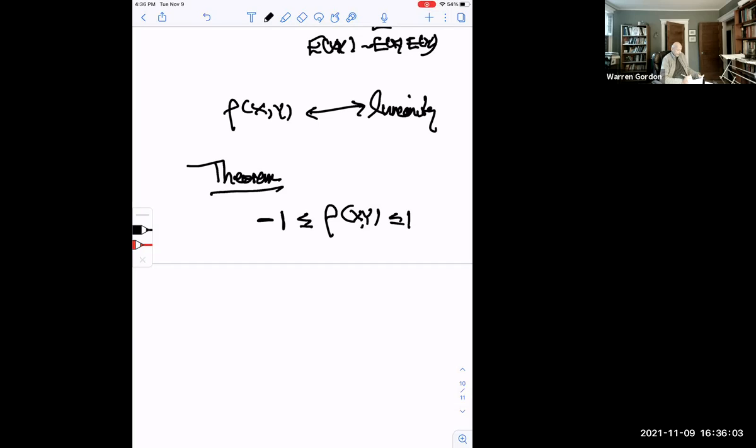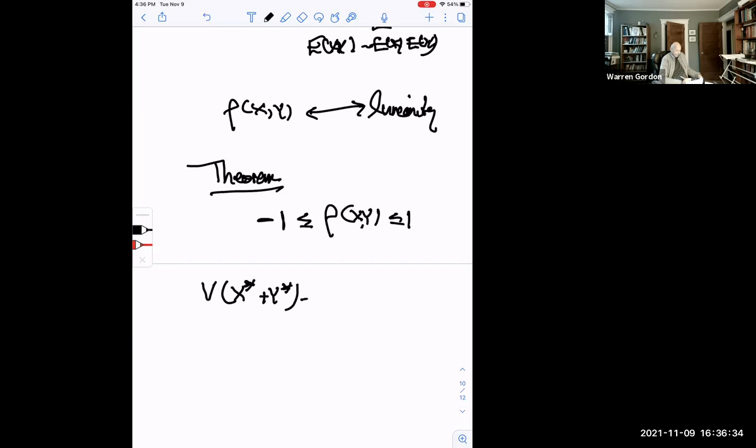If you remember the definition we took for rho of XY, well, before I do that, let me consider the following. Consider V of X star plus Y star, where X star and Y star were defined to be the standardized ones, as we did a minute ago.